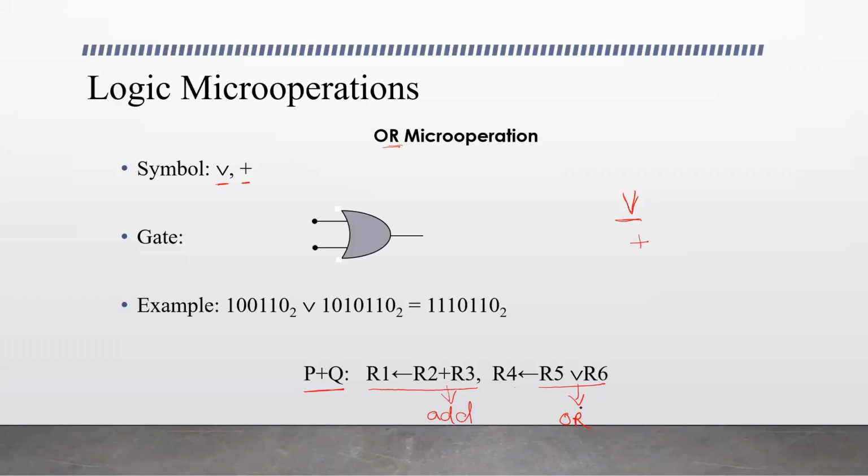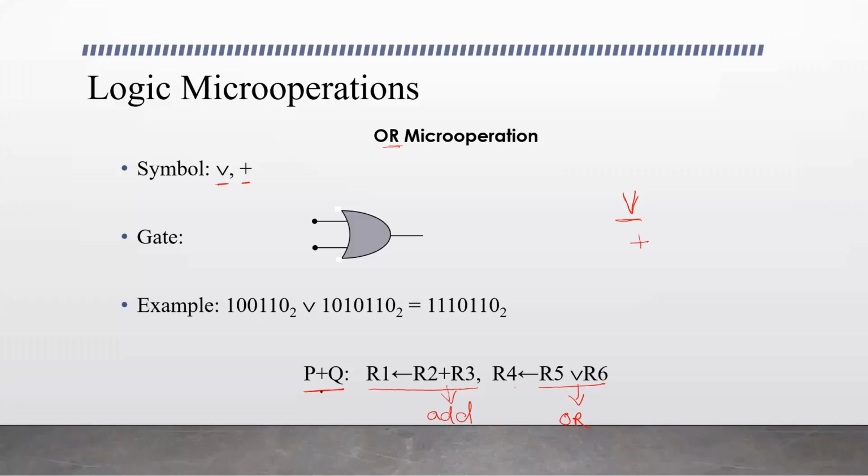So here this denotes the OR operation. And this plus in the microoperation means add the content of R2 and R3 and store the result in R1. These are the microoperations.